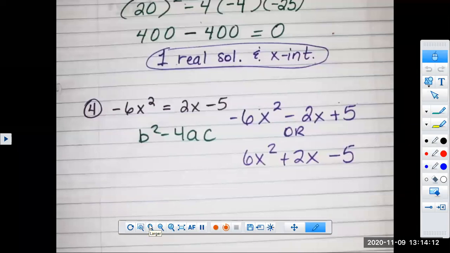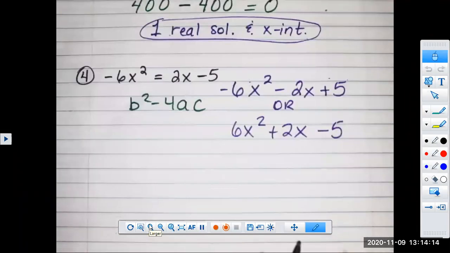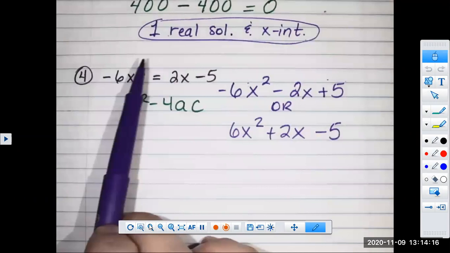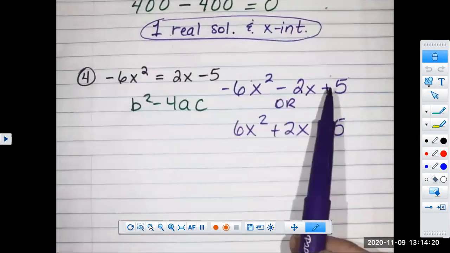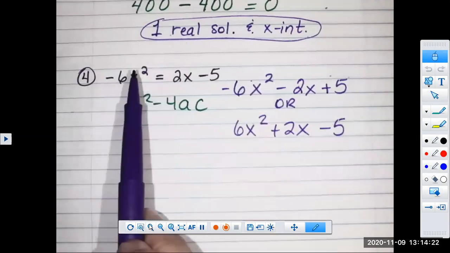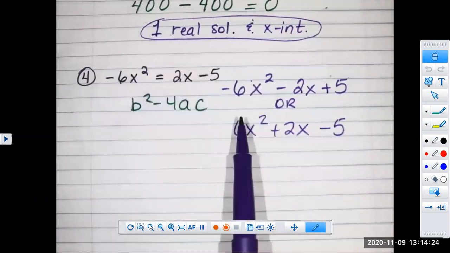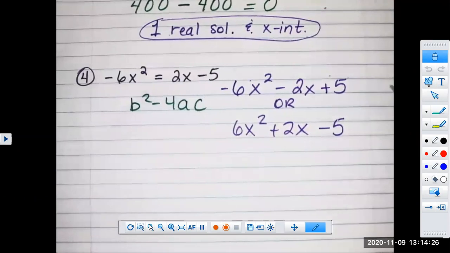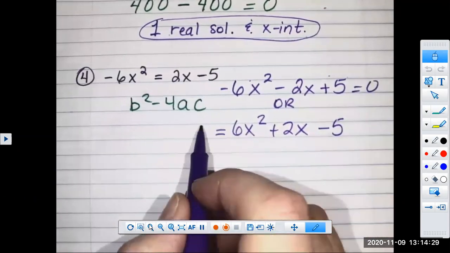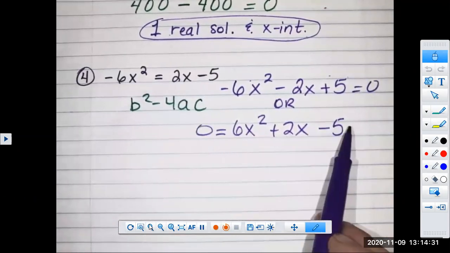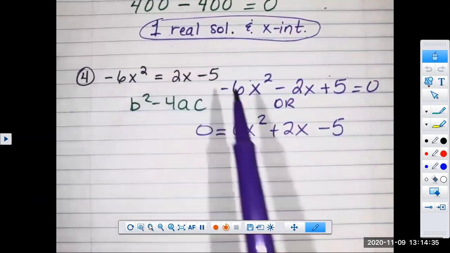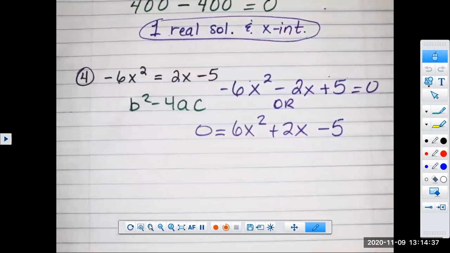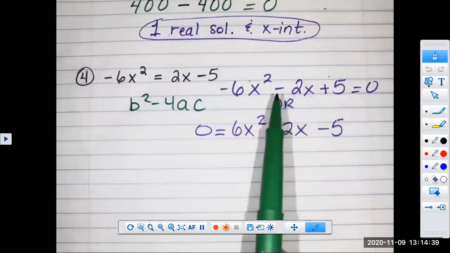If you chose to move 2x minus 5 to the left side, this is what you should have. If you chose to bring negative 6x squared to the right, then you should have this. Whichever way. It doesn't matter. Okay, tell me, which one did y'all do?